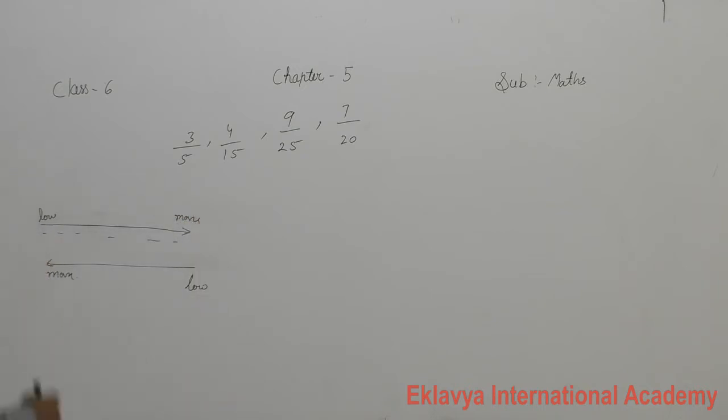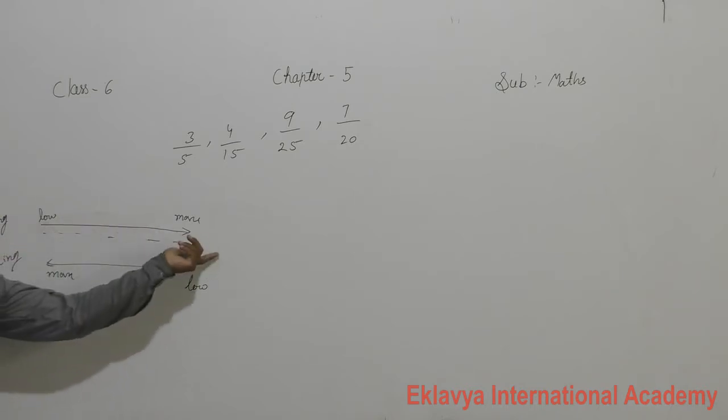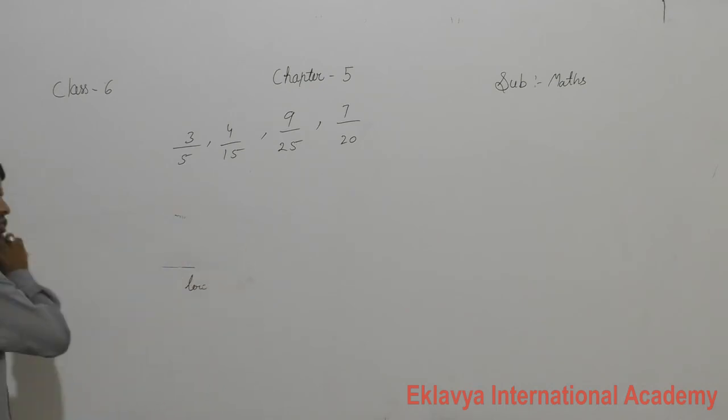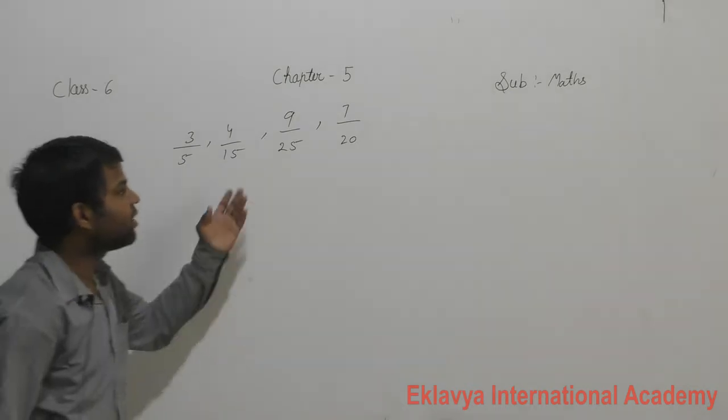So in ascending order we have first lowest, then maximum. If we write first maximum, last lowest, then it is called descending order. So how will we compare and arrange these fractions?